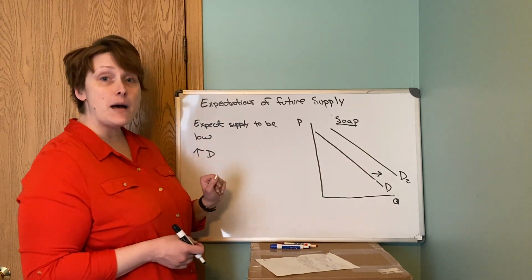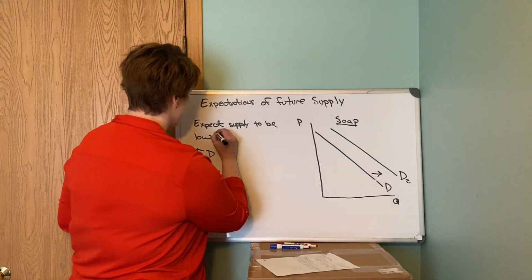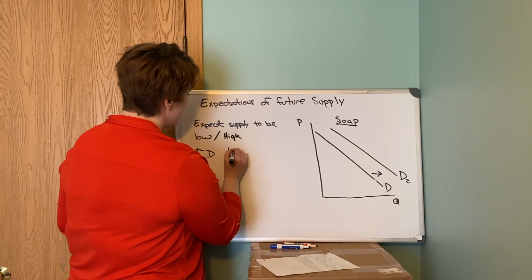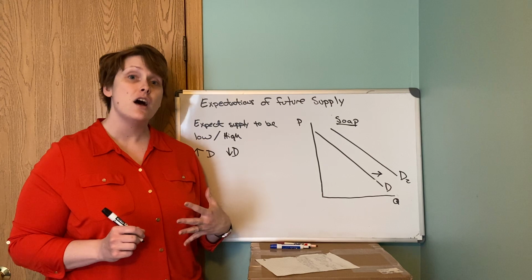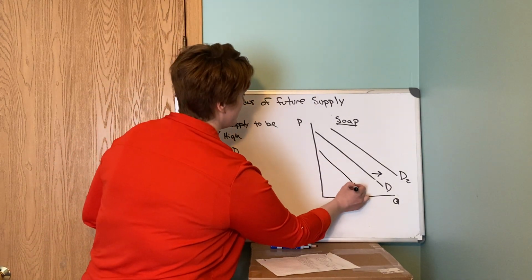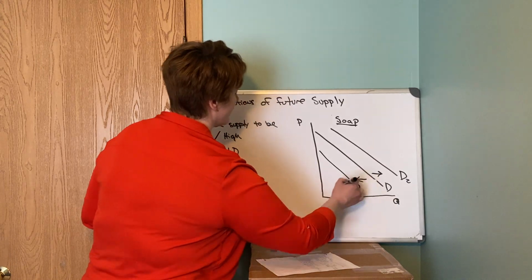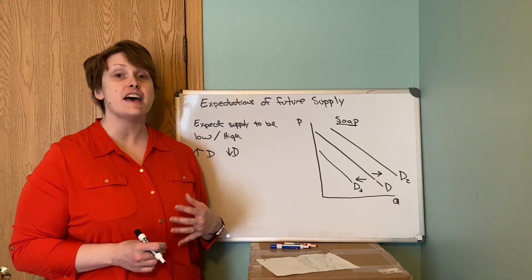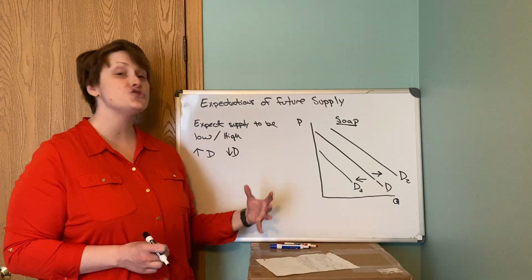If this is the opposite situation, if we expect the future supply to be high, well, then we don't necessarily have to go out and get it today. Our demand can be decreased. So expectations about future supply are definitely something that we want to think about in terms of our consumer behavior.